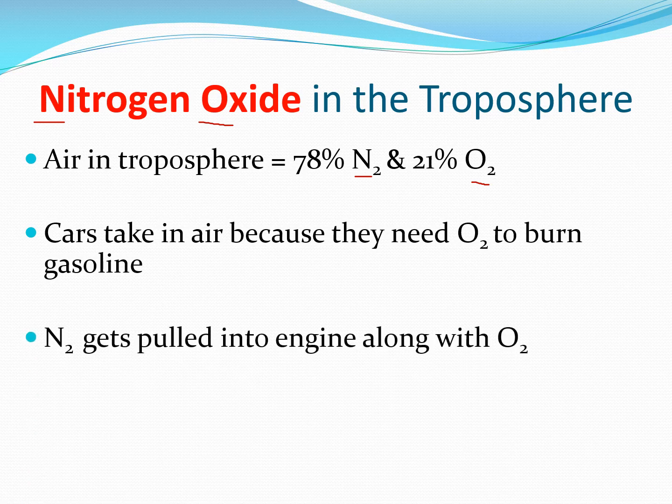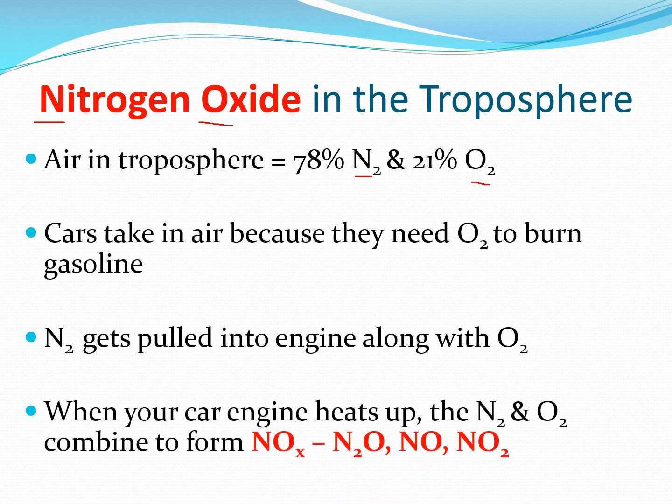Well, when your car pulls in air, your car cannot separate oxygen and nitrogen. It just pulls in air. So when your car pulls in the air so the gas can burn with the oxygen, it pulls in nitrogen too. Nitrogen gets pulled in along with it. Well, it gets very, very hot in your car when you burn gasoline. So at very high temperatures, the nitrogen and the oxygen that are naturally found in the air combine.